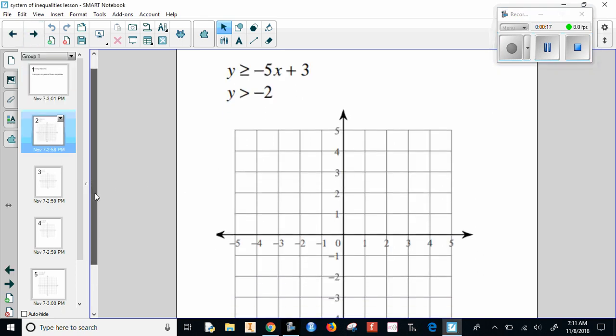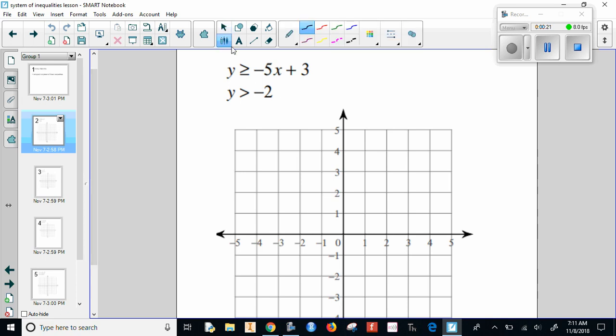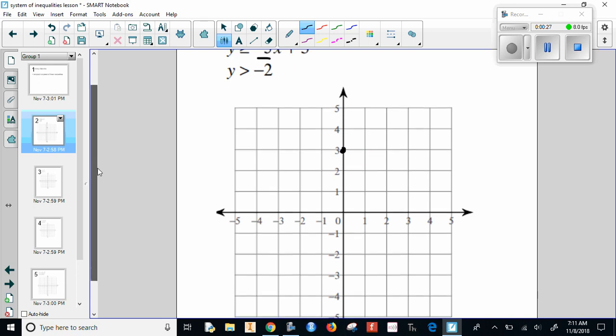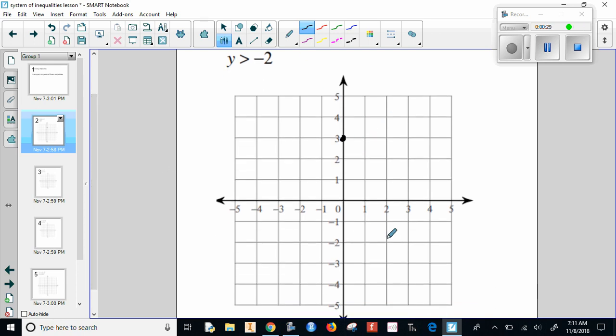So if I have y is greater than 5x plus 3, I know the y-intercept is 3, and this slope is negative 5, so I go down 5 over 1, and now I'm going to draw a line like that.